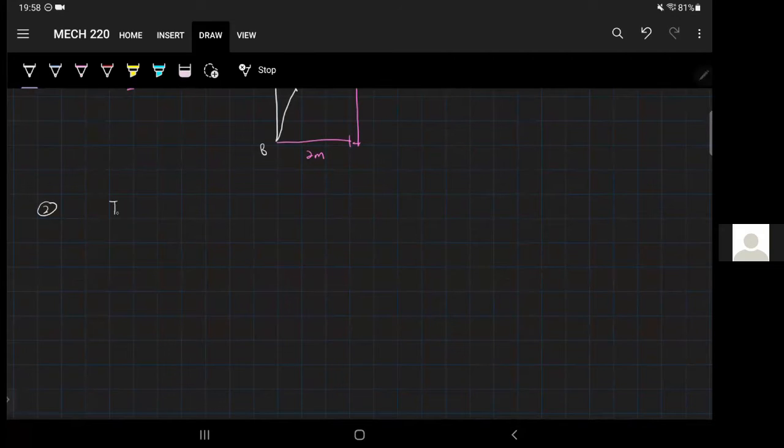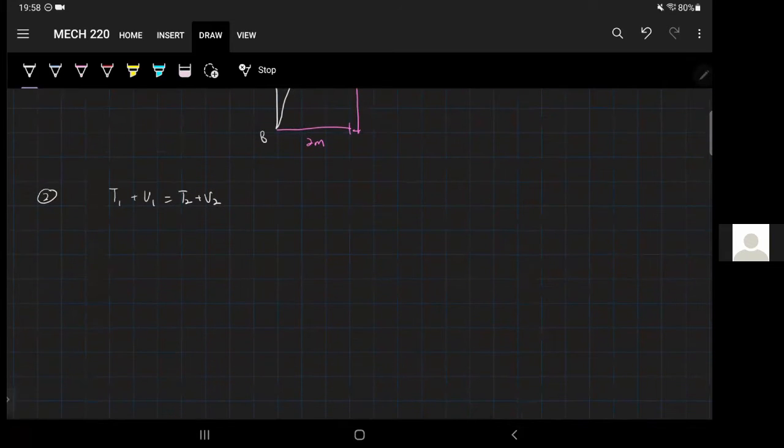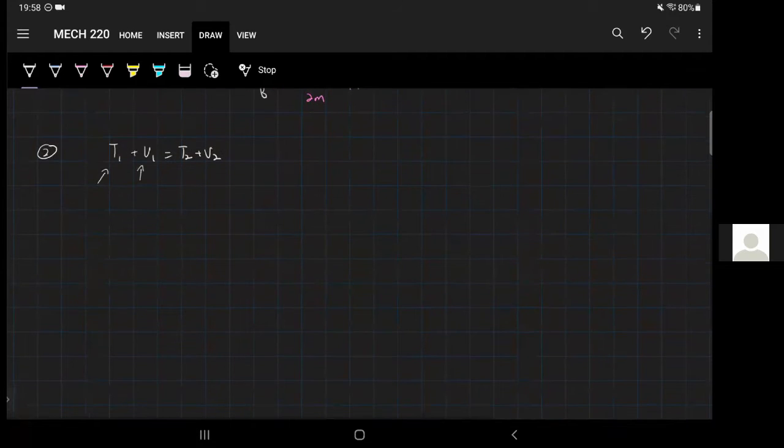That's T1 plus V1 equals T2 plus V2, where T is the kinetic energy, everything that has to do with the movement, and V is all the energy that has to do with potential, so gravitational and the spring, right? I prefer this equation here just because it's a little bit more obvious what we're doing. Finish writing it up and explain it a little bit more. All right, and basically K for kinetic, right?